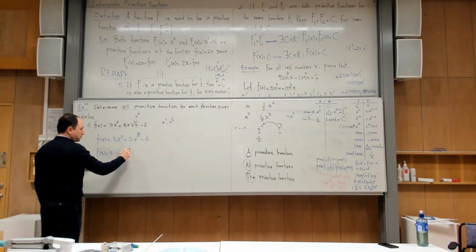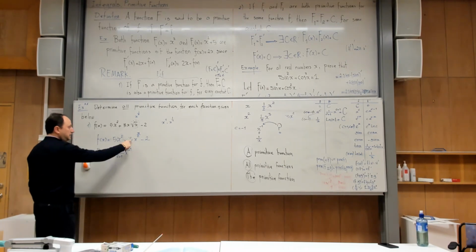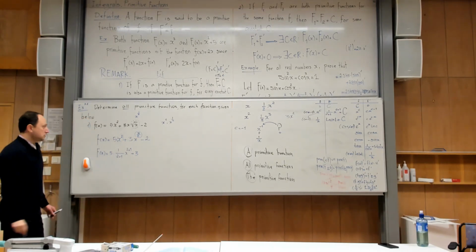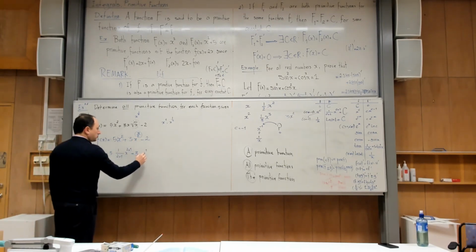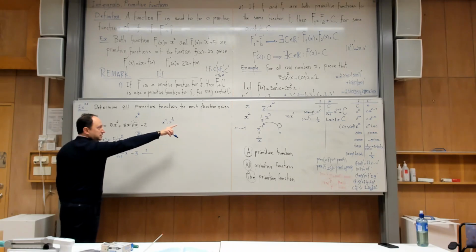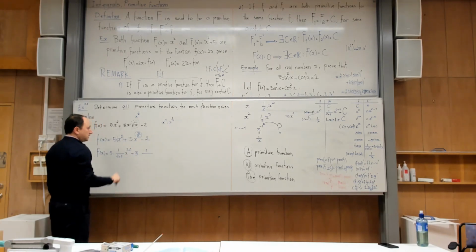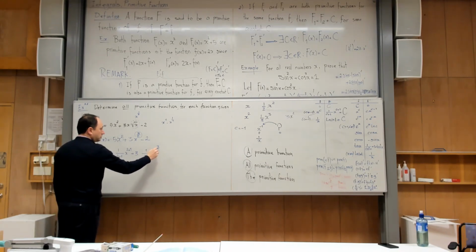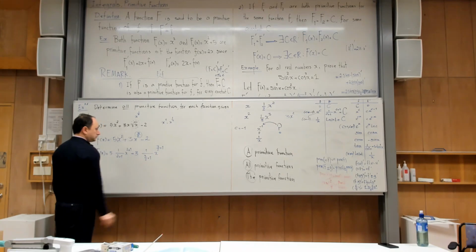But let me write it once. And then here, plus 3. And the same thing happens here, but now this number plays the role of c. So then I would write 1 over, I am using that formula, the second row, 3 over 2 plus 1, and then x to the power of 3 over 2 plus 1.